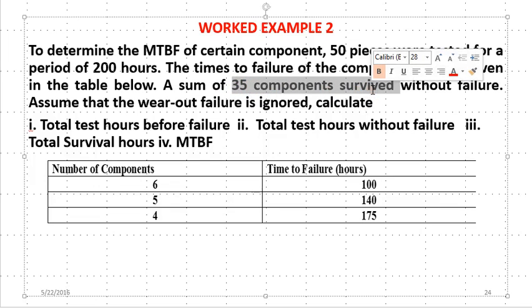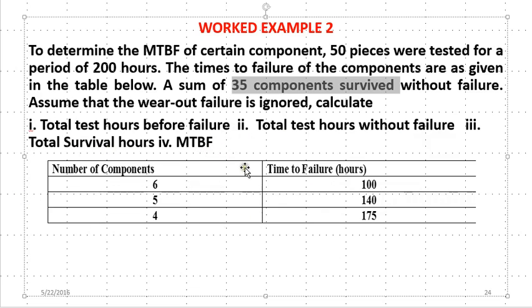At the end of the day, they didn't fail, which means out of 50, if 35 survived, definitely 15 failed. We are asked to calculate the total test hours before the failure, the total test hours without failure for the survivors, the total survival hours, and finally the mean time between failure.